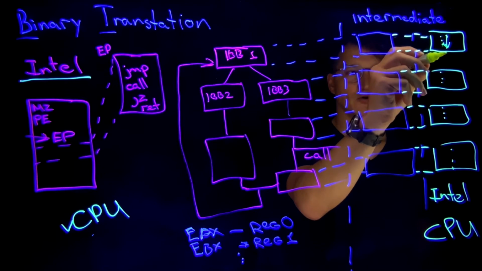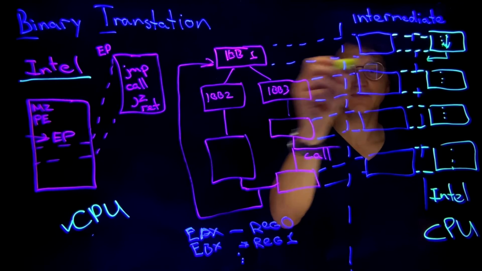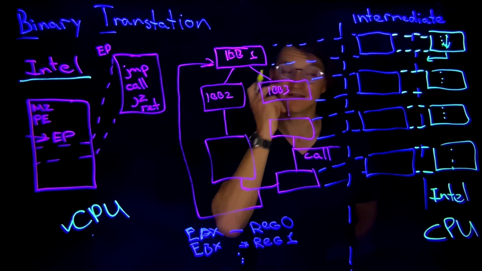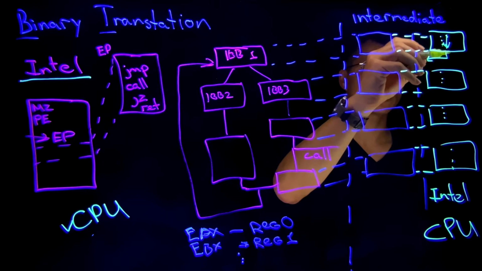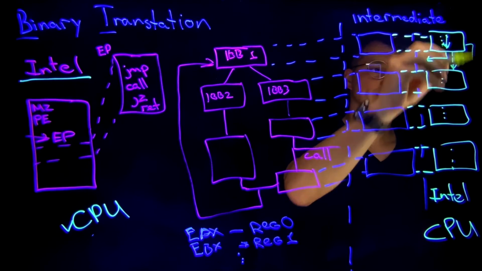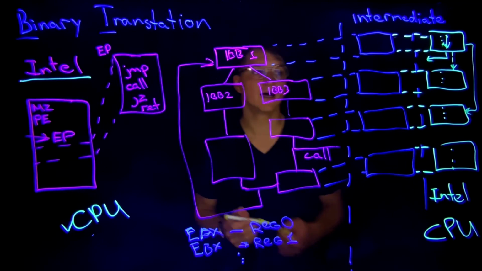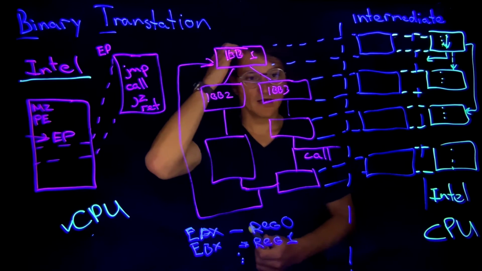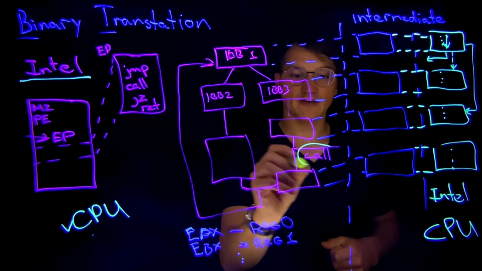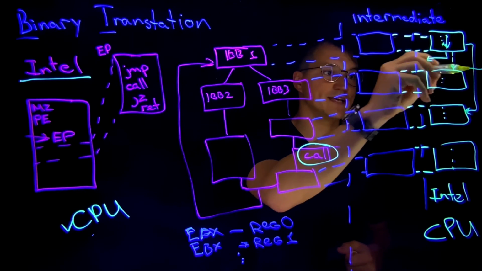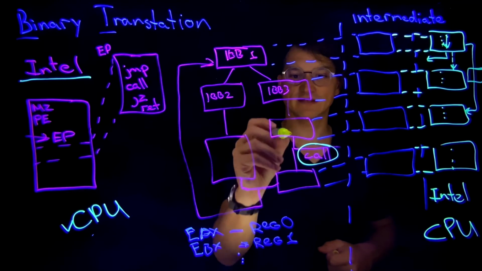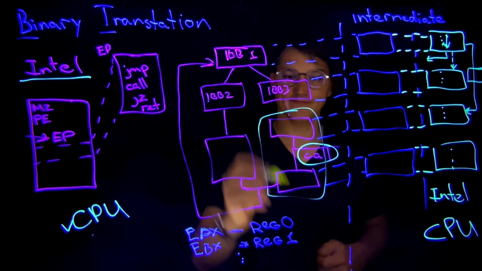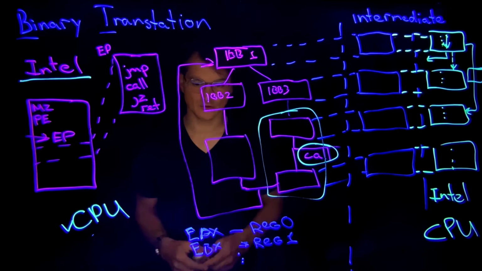Either load back all the registers to vCPU and exit to the binary translation engine, or it can also link certain blocks between each other if, for example, it knows that they executed one after another all the time. For example, if this is the call to an API, it can link the emulation of the API here and then link all 3 blocks together as a constantly executing block of code.